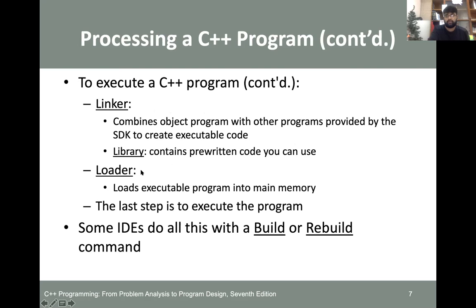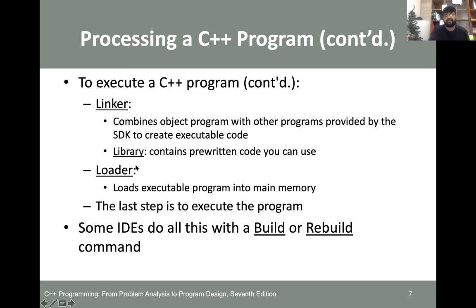Then we also need a loader. The loader is another program that loads your executable program into the main memory and helps to execute the program. Of course, finally, the program is executed by the CPU, and after it runs the program, it generates the output, and that is shown back to the user.